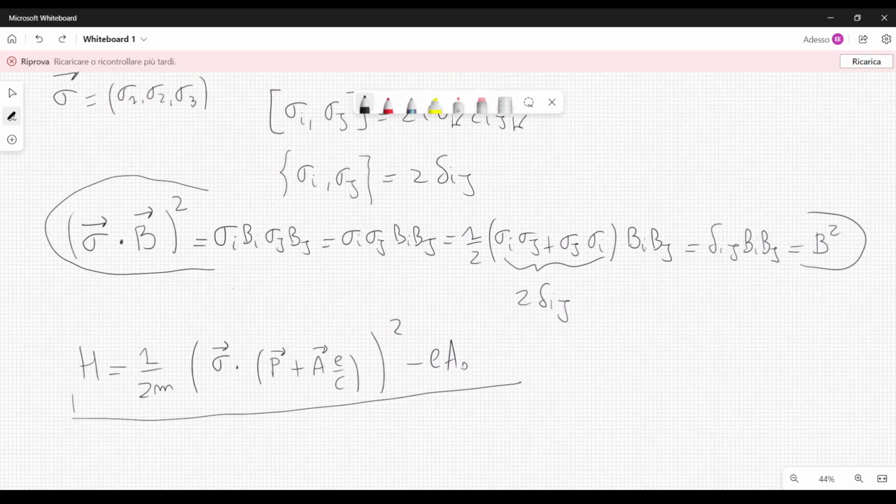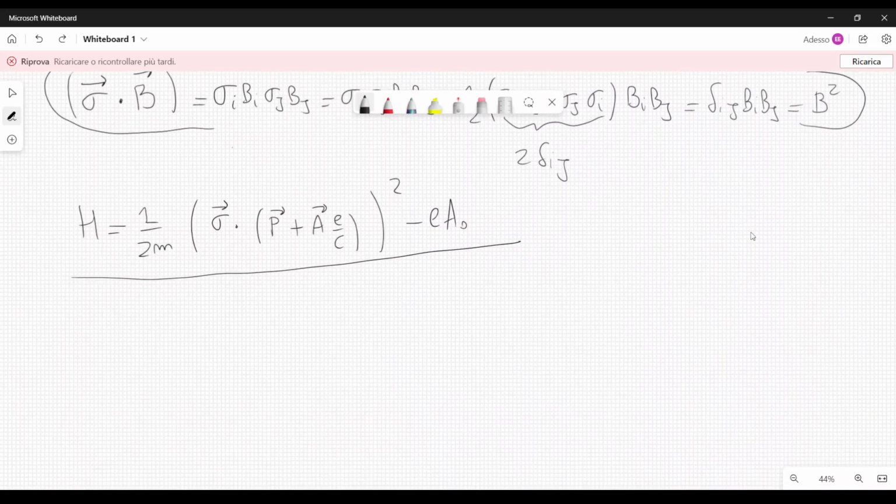And now if I consider this expression, I can show you that I can also derive an expression which was postulated by Pauli, or you can say derived by Pauli, for the Hamiltonian. So let's try to rewrite this expression in a different manner. The manner that Pauli rewrote this expression is the following.